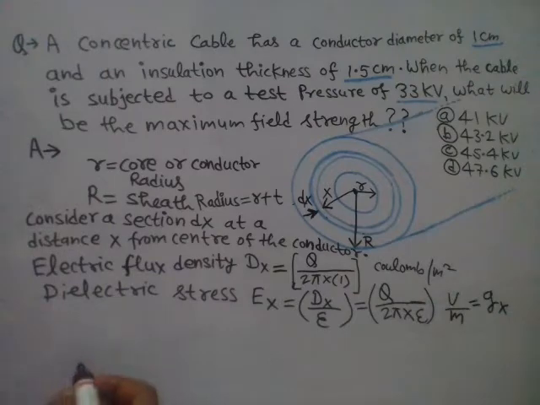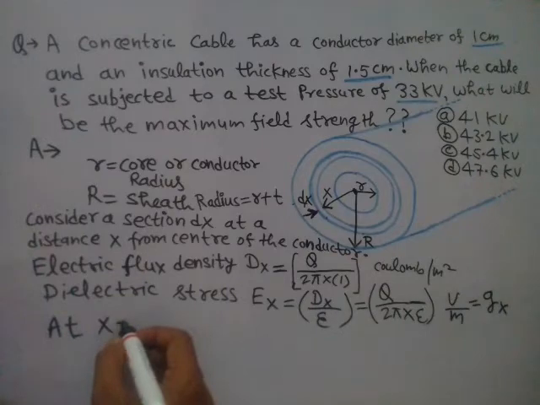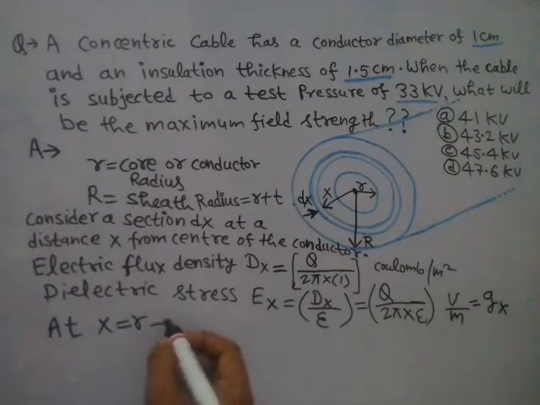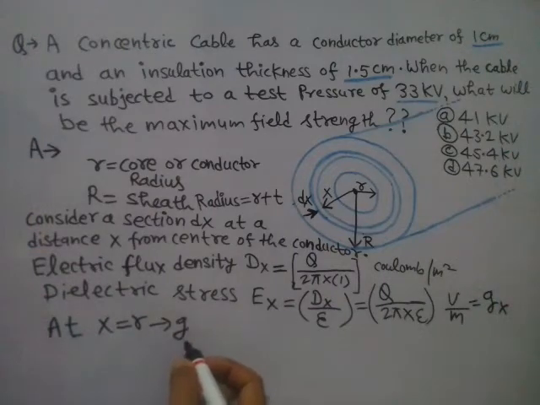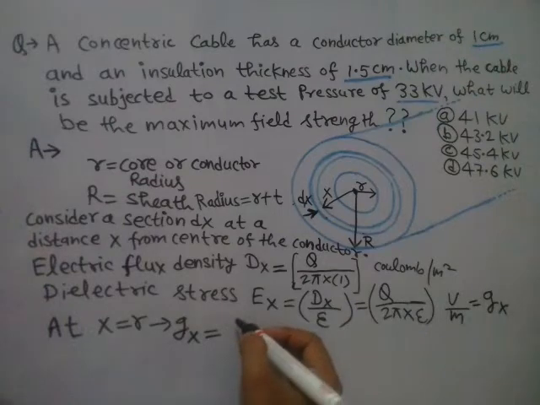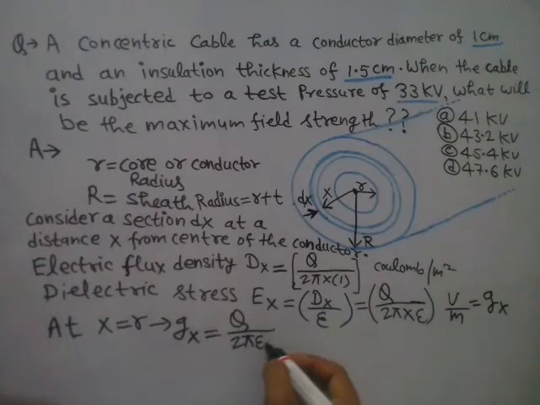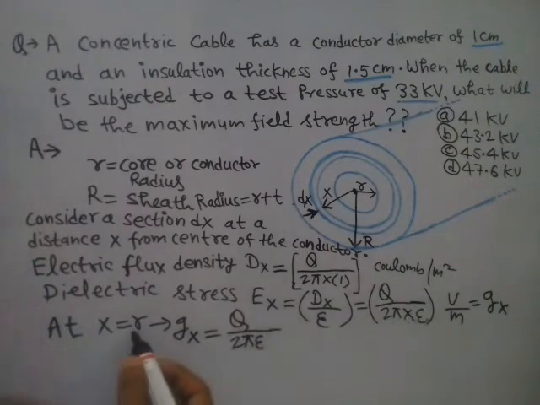So at a distance x equal to small r, the dielectric stress G will be equal to Q divided by 2 pi epsilon, in place of x put small r.